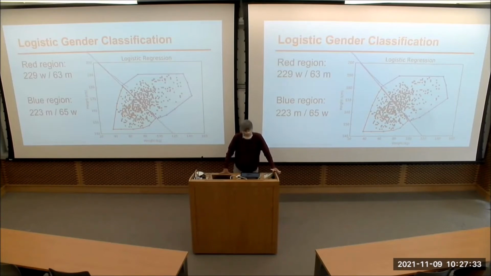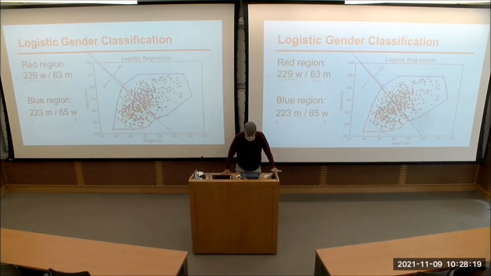It didn't do a perfect job because there are short, lightweight men and there are tall, heavyweight women. In the red region, which is the stuff below the line, it looked like there were 230 positive examples and 60 negative ones. So something like 3 out of 4 of them were women, and a similar amount happened in the region above: about 3/4 of the people were men. Any questions?